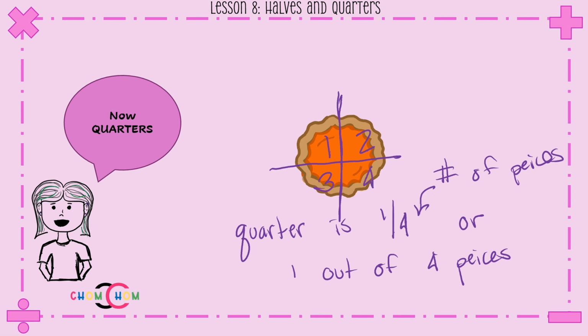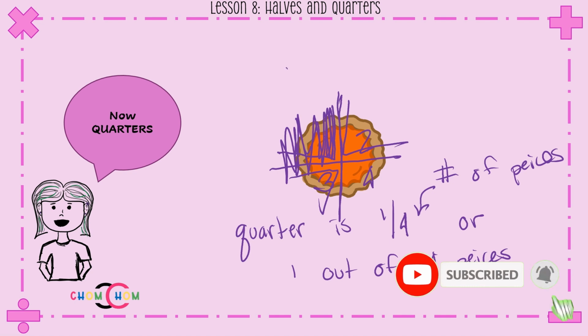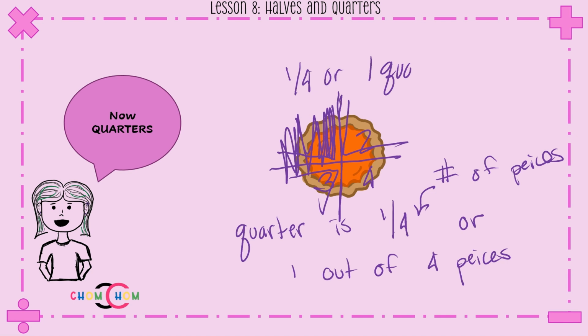So each quarter or slice of this pie is 1/4. So if I eat this slice, I ate 1/4 of the pie. You can also think back to quarters, as in the coins that are worth 25 cents or 1/4 of a dollar.